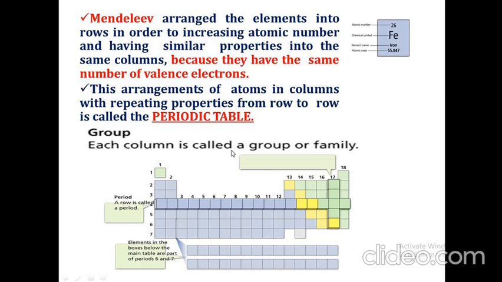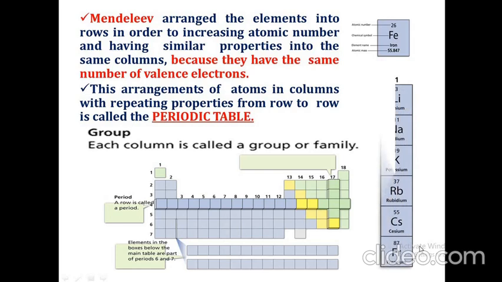So each column is called a group or family. So this is the simple view of Mendeleev's periodic table, in which this is the column and these are the rows, having minerals of similar properties in the column.